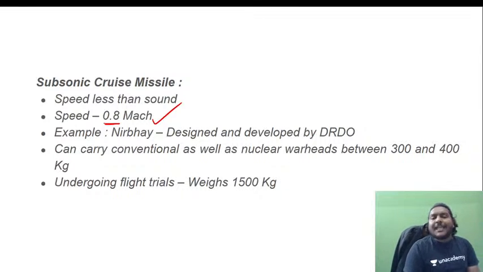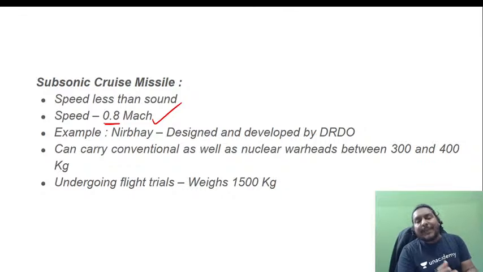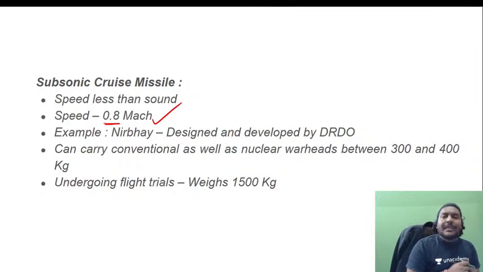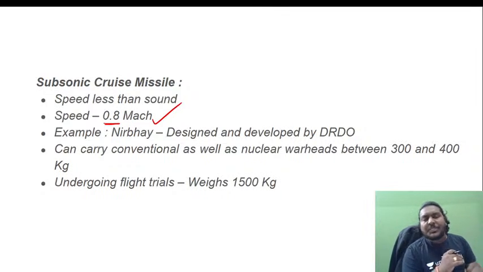Nirbhay is a missile designed and developed by the DRDO, where they can take general warheads which could cause destruction, and it can also carry nuclear warheads between 300 to 400 kg. Right now it is undergoing some kind of field trials, we could say, and it weighs about 1500 kg. That's a different story. So that is number one, the subsonic cruise missile.